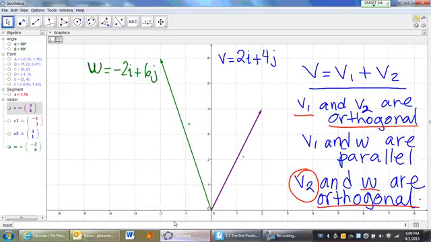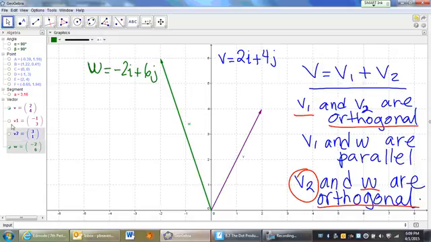Okay, so vector W has the initial point here at the origin at 0, 0, and the terminal point is here at negative 2, comma 6.